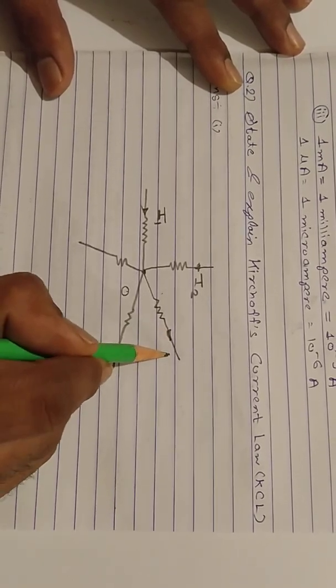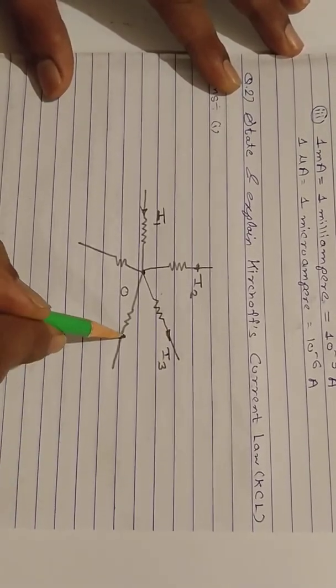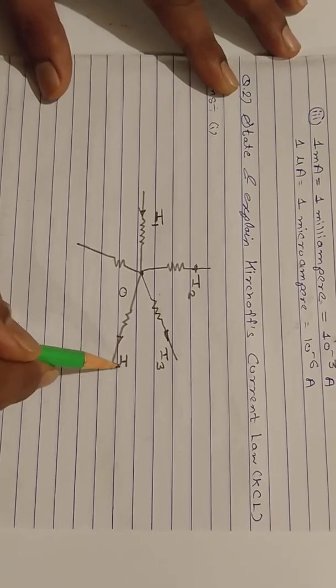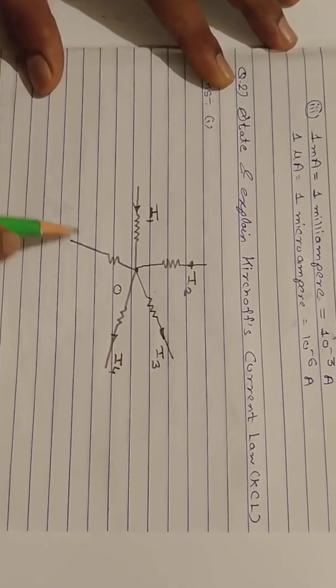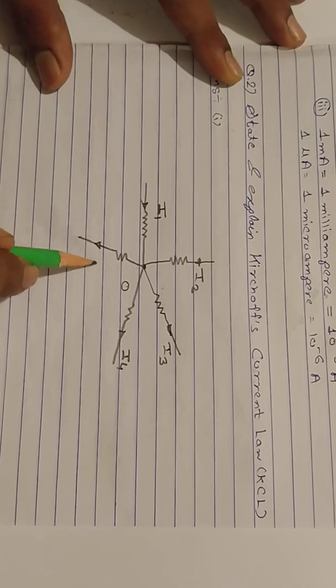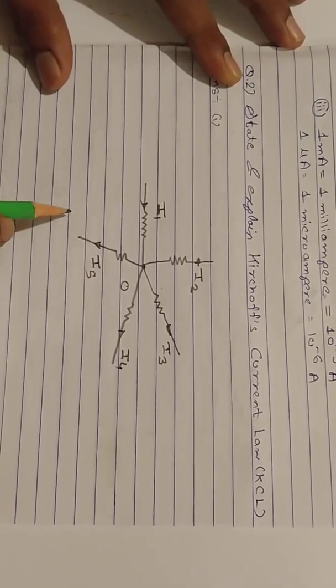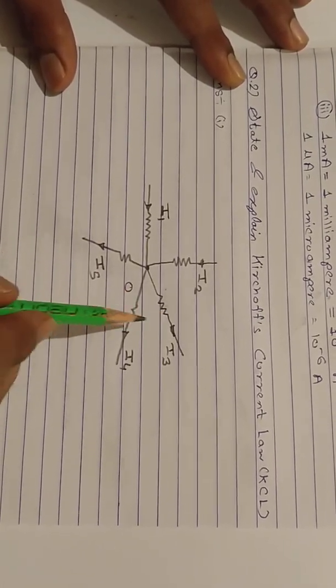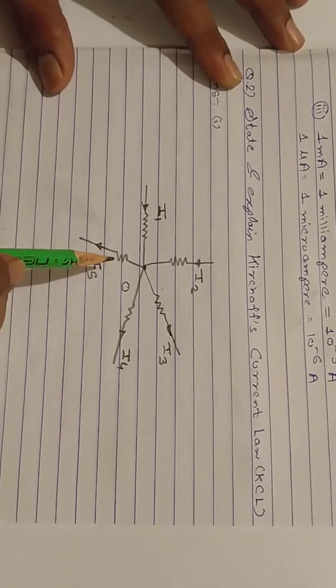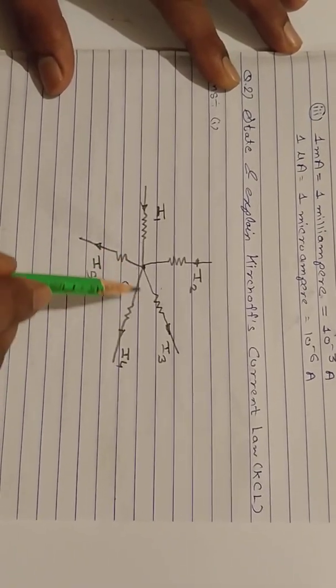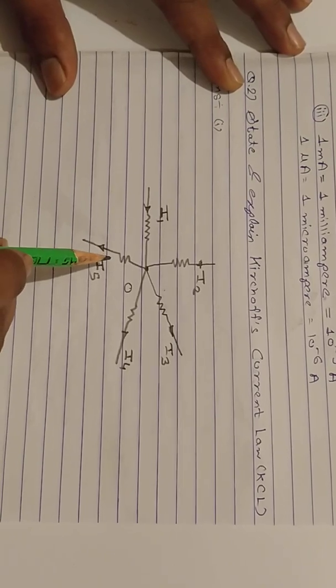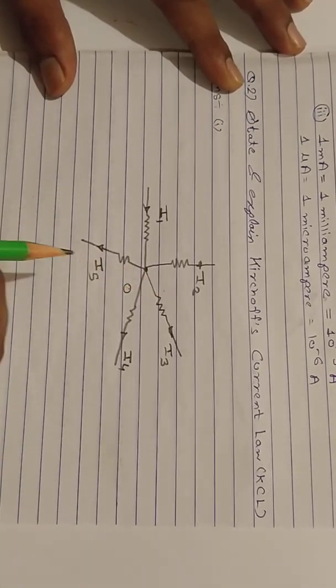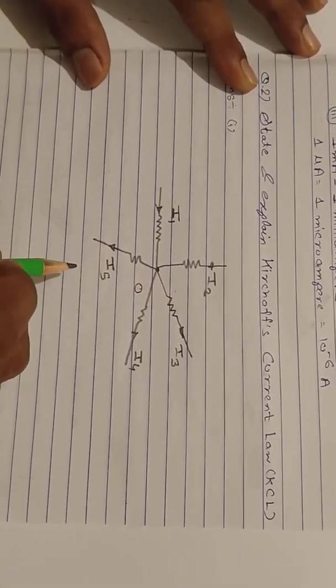In wire 3, current I3 is flowing. In wire 4, current I4 is flowing. And in wire 5, current I5 is flowing. We observe that I3, I4 and I5 are moving away from the junction O. Now Kirchhoff's statement will come in front of us.